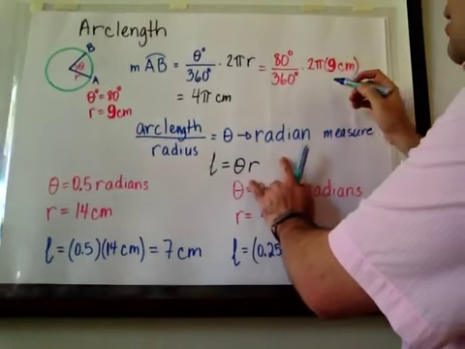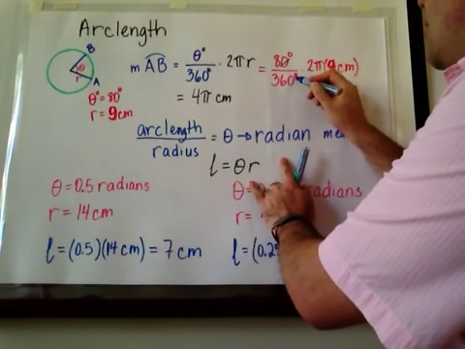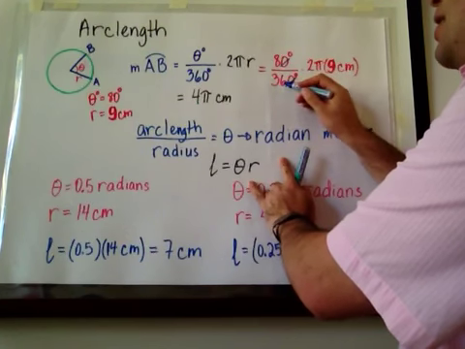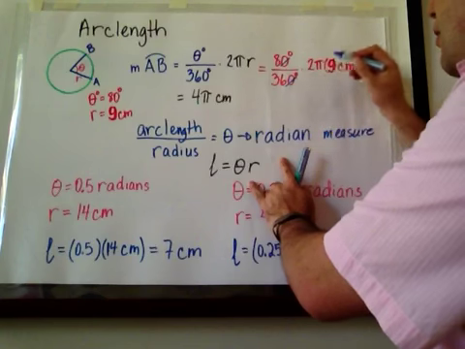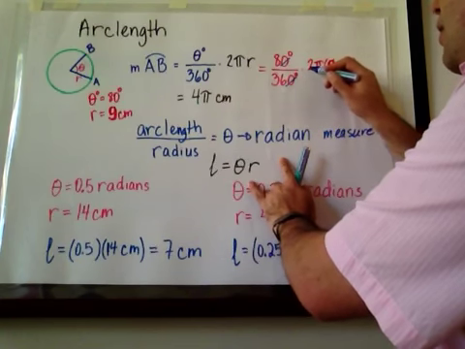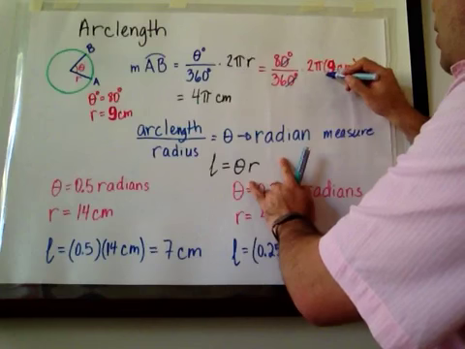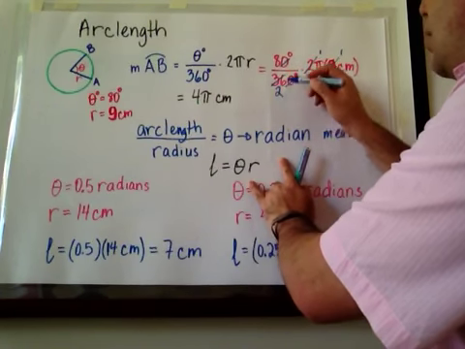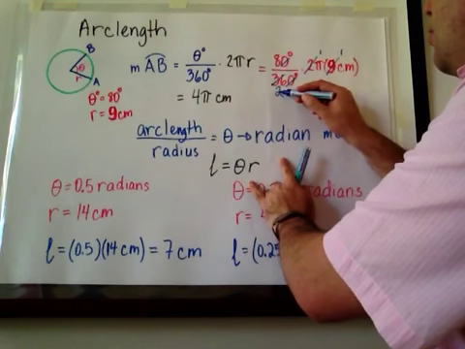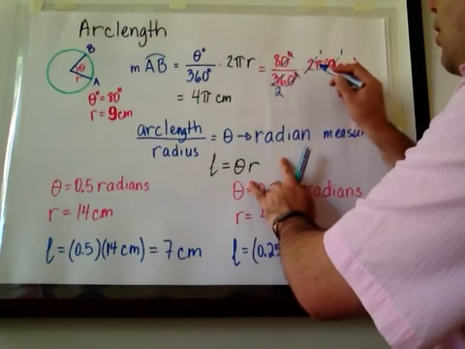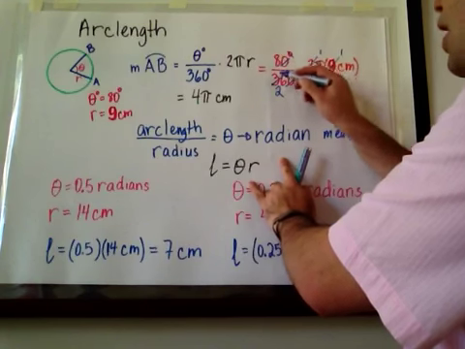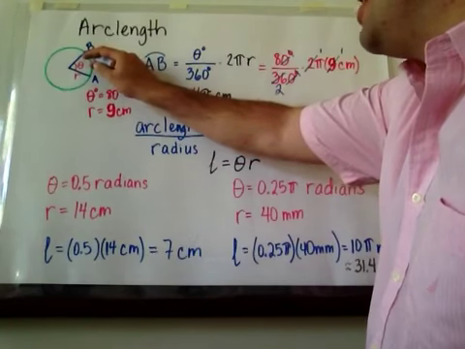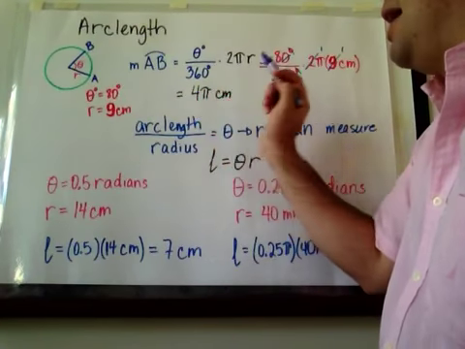The 0 can cancel the 0. 9 times 2 is 18, and 18 is half of 36, so this becomes a 1, this becomes a 1, and this 36 becomes a 2. So we have 8 over 2, the degrees cancel, pi centimeters. 8 over 2 is 4, so 4 pi centimeters. That's how much this arc measures, 4 pi centimeters.